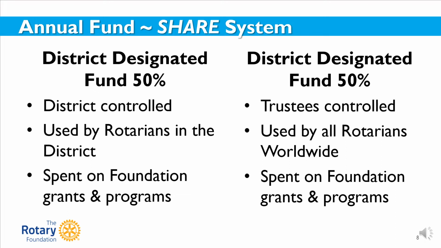The other 50%, or $250, goes to the World Fund, which is controlled by the trustees of the Rotary Foundation and is used to fund foundation grants and programs at the trustees' discretion. The World Fund is the source of the Rotary International match for your global grants.